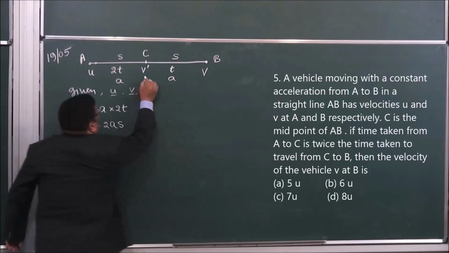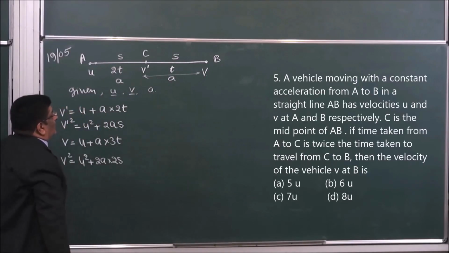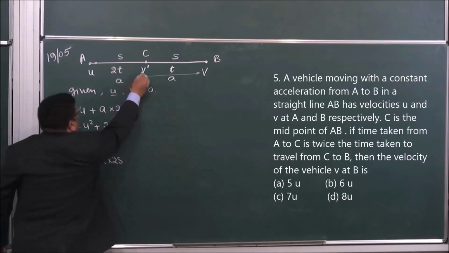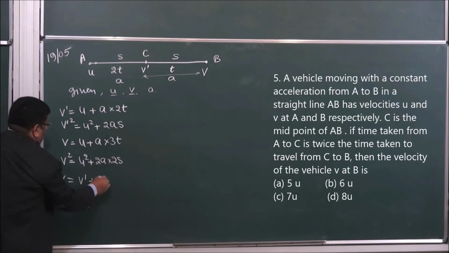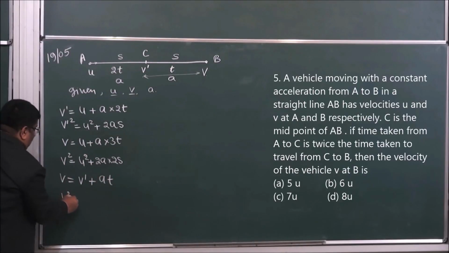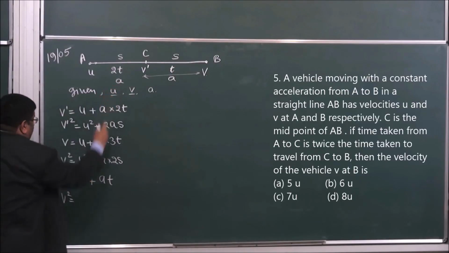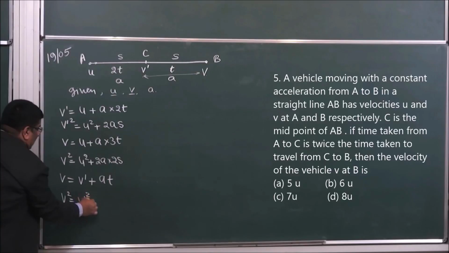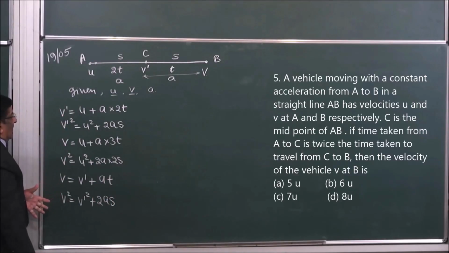Then you make equations here. This is initial velocity v dash, final velocity v. So v is equal to v dash plus a into t. Again v square is equal to v dash square plus 2 into a into s, where u is v dash here. These are the relations we can find out.